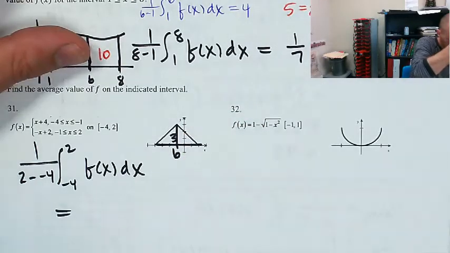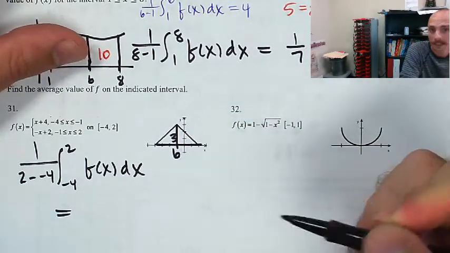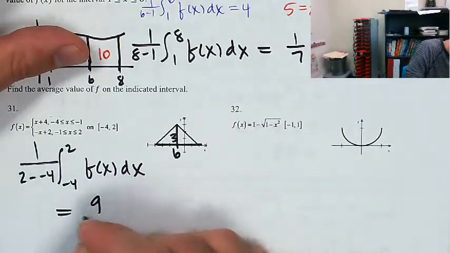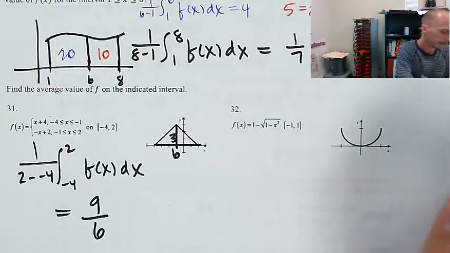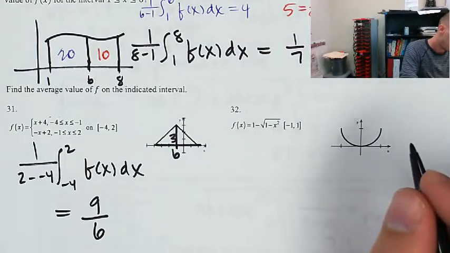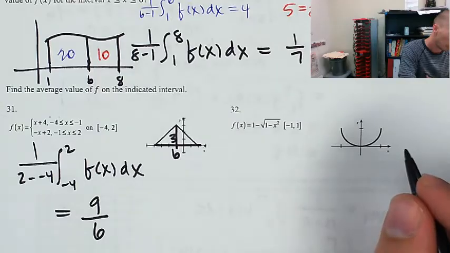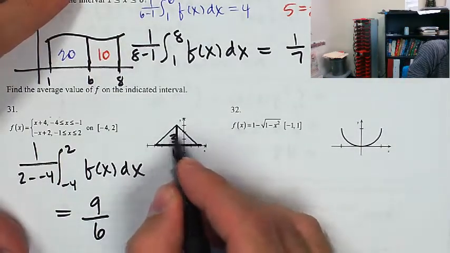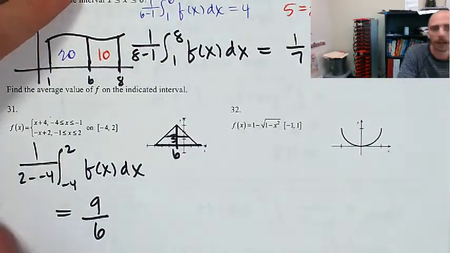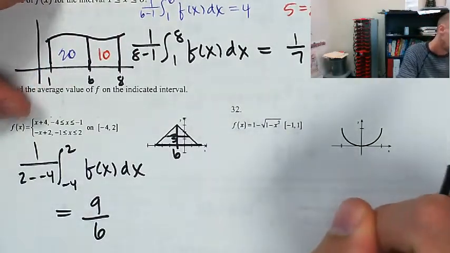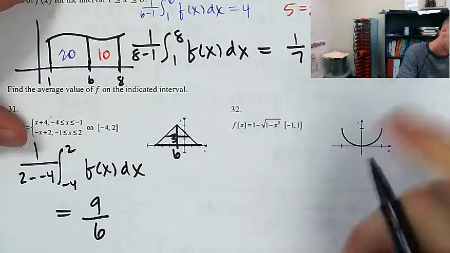So that's got area half of 18, which is 9. So I've got 9 divided by 6, which is 1.5, which does seem kind of reasonable for an average there. I mean, we don't know really what it looks like, but it seems possible.